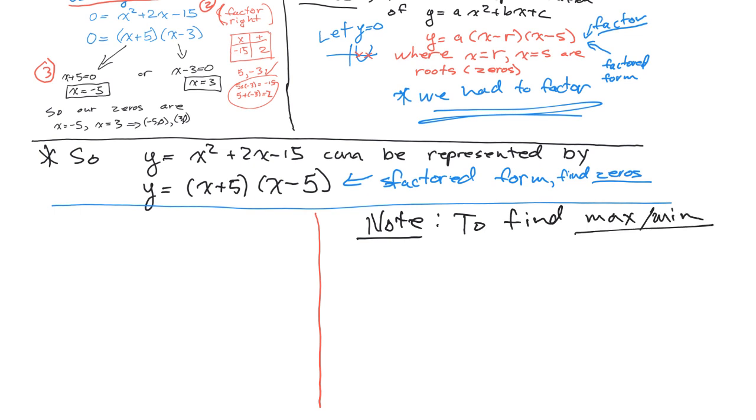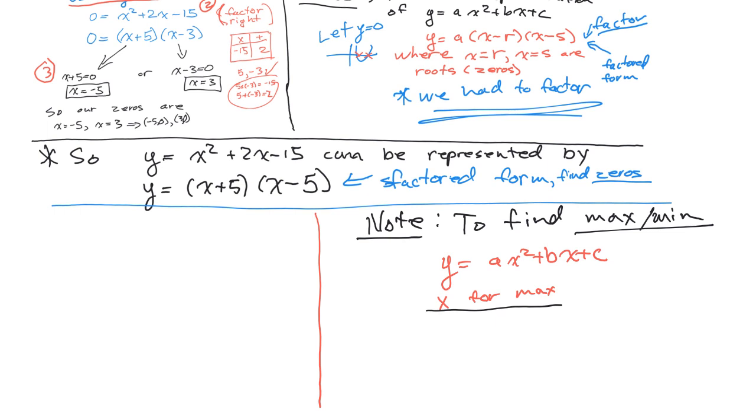Here's what you do. To find the maximum or minimum in an equation that looks like this, y is equal to ax squared plus bx plus c, the x value for the max is given by this.